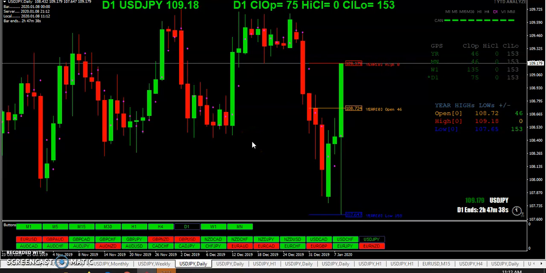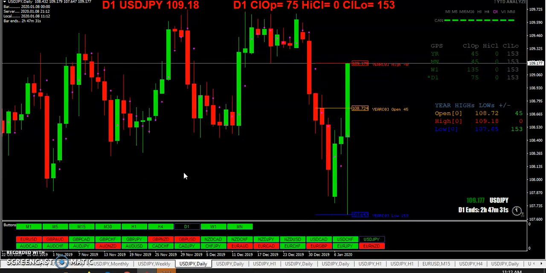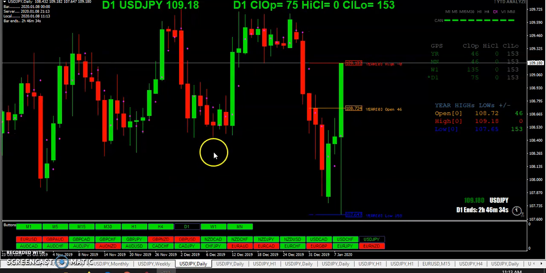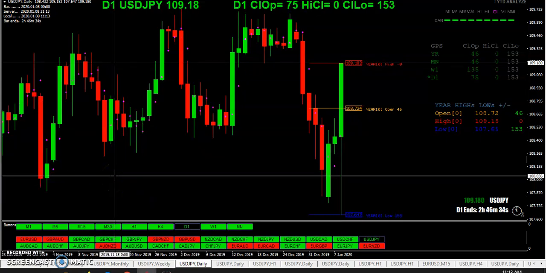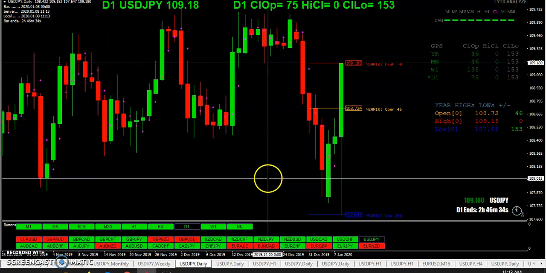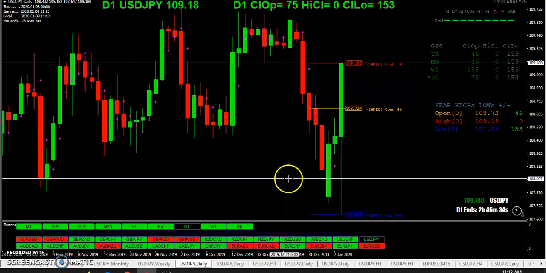Okay, on the daily, I want you to look at something here because we talked about this yesterday. Okay, fellow traders, I'm back. Now, remember we were talking yesterday and I said you can use the cursor here.